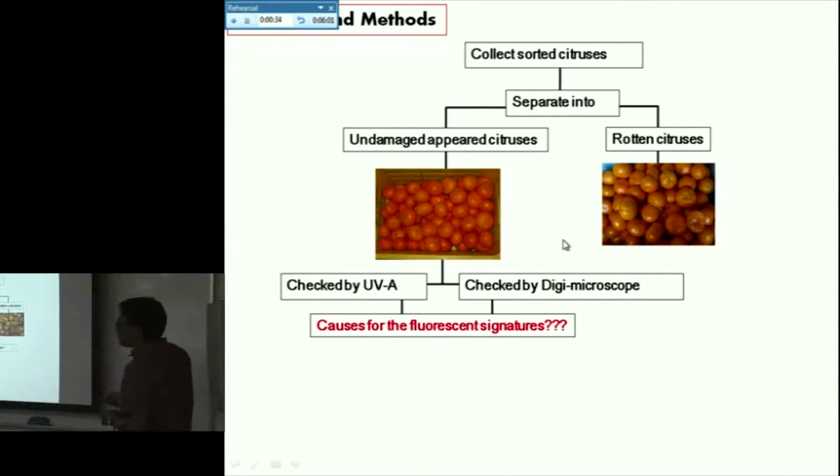For further experiments, we collected around 35 kilograms of these samples to find the possible regions behind the fluorescence emission for this type of fruit. We checked with a UVA system, and then with a digital microscope system.